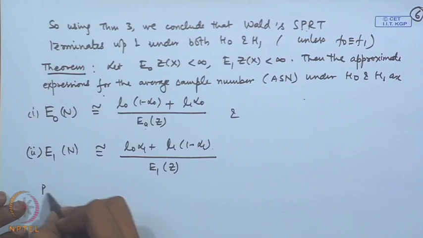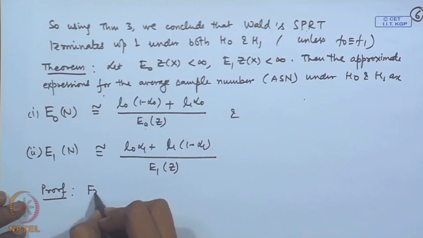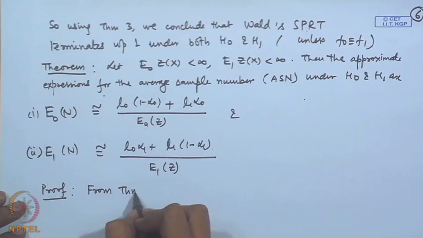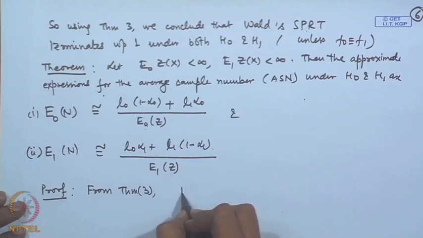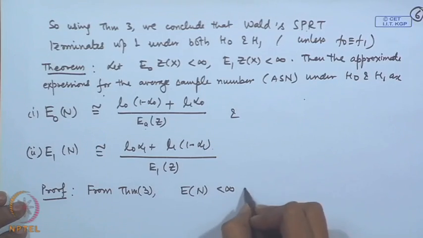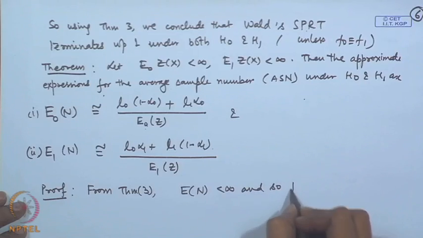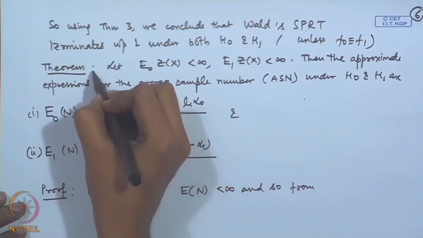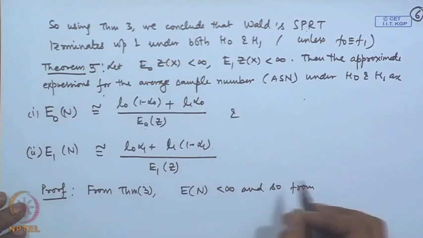Let us prove these results now. From the previous theorem, we have expectation n finite. So, from theorem 4, let me call this one as 5, the previous one was 4. So, from 3 we have expectation n finite.